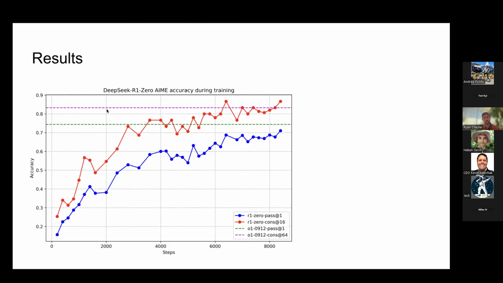So they do 64 generations of the model, and then they're saying find the most common answer. If you do 64 of them versus one, you get this boost of accuracy here. And they find that you get similar behavior out of R1-Zero. So it gets better, better, better. And at the same time, they're measuring how well it does when it does 64 generations, and then find the consensus out of those generations.